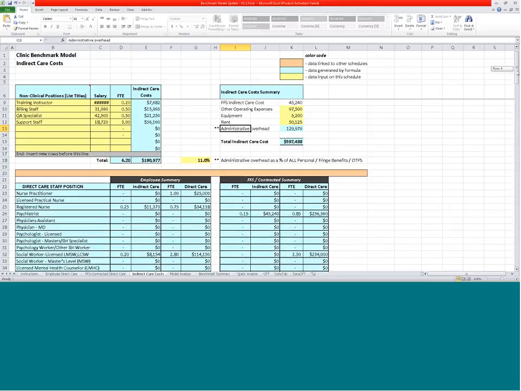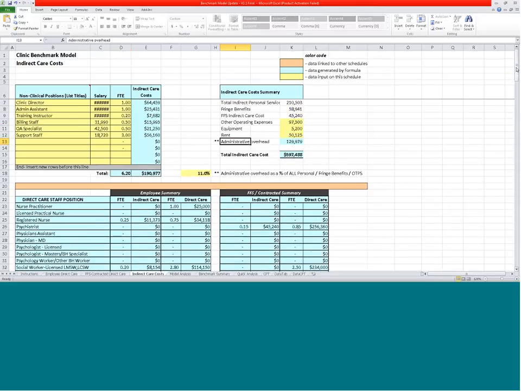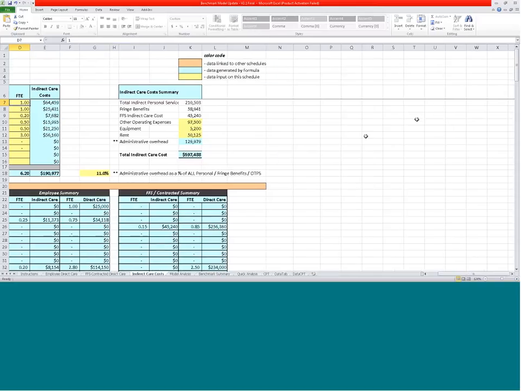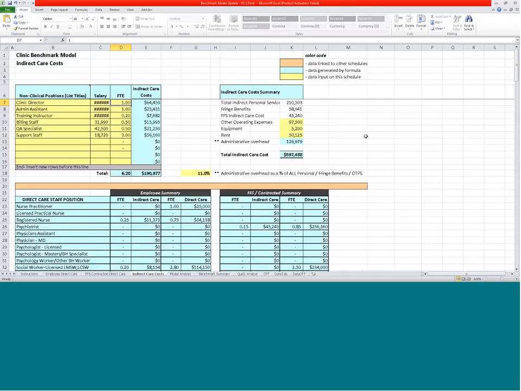Like I said, though, to get to this point, you want to make sure that you've got the appropriate people directly assigned into the clinic and directly allocated into the clinic, and that all allocations are correct. If you look at the slide that we have up right now, you'll see that below the direct care side, or the administrative side, is the indirect portion of the direct care staff.